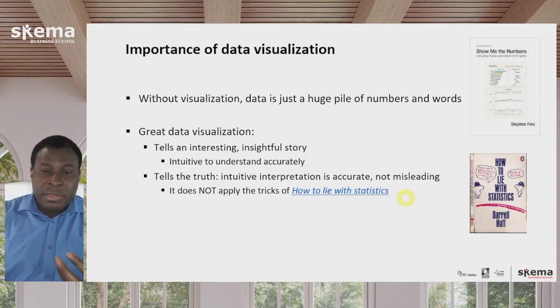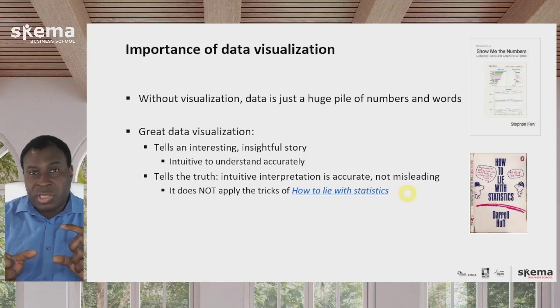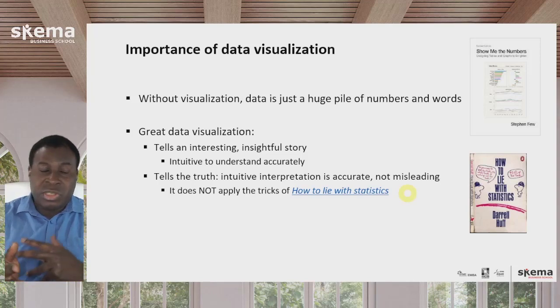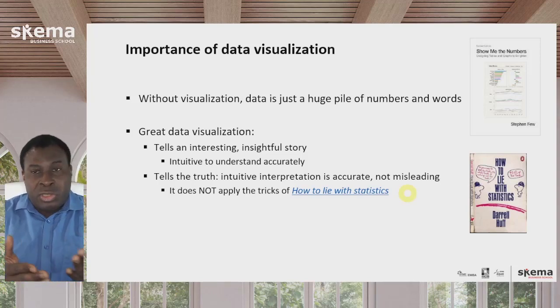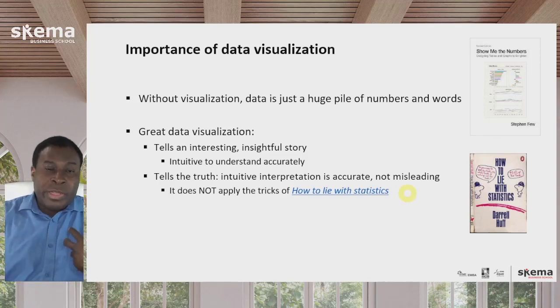And similarly, Darrell Huff shows the tricks of the trade of how people can twist and contort the truth by presenting numbers in a way that skews the truth in their favor with the intention of misleading. And so a great visualization does not apply these tricks.